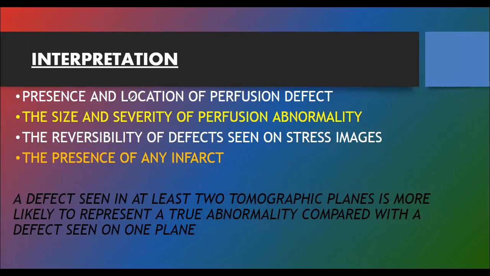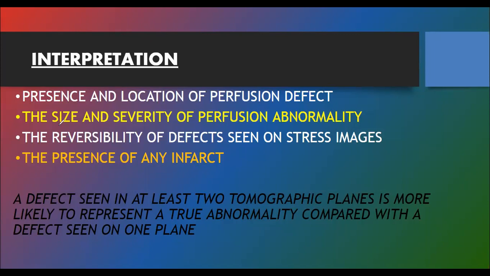You have to define the presence and location. Then the size and severity. What is the size? Small, medium, large. Small size is 2 segments, moderate is 3 or 4, large is 5 or more segments.